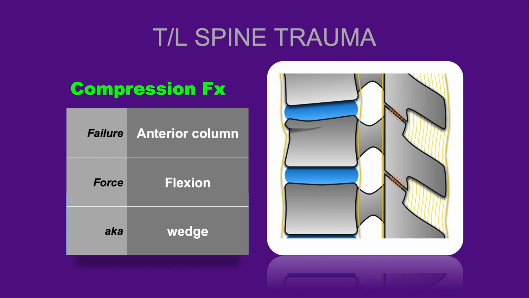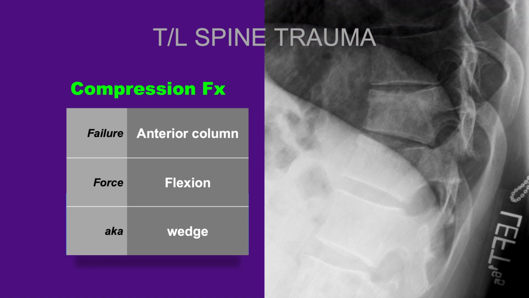Compression fracture, by definition, involves the anterior column and is a result of forced flexion, resulting in a wedge shape of the vertebral body. In most cases, seen at two levels here, this is a stable injury.